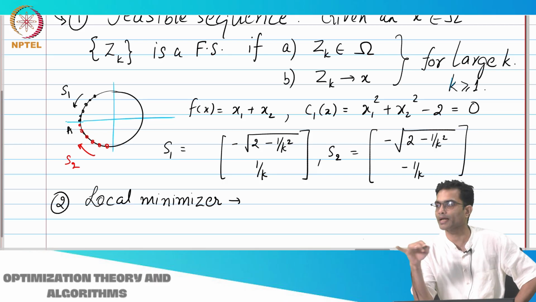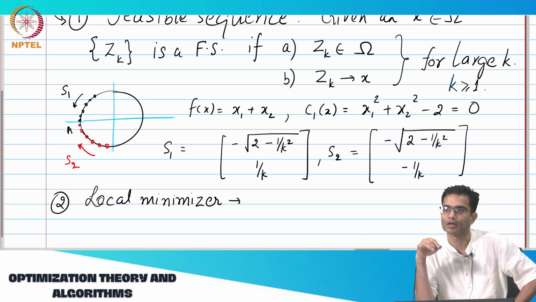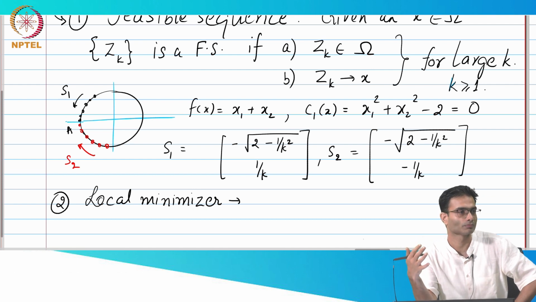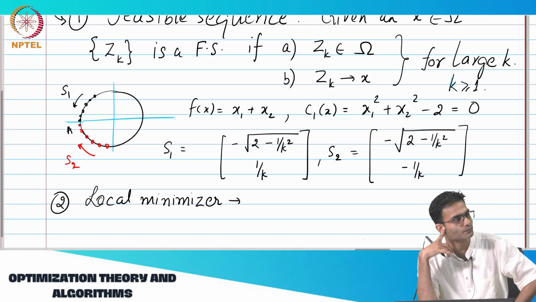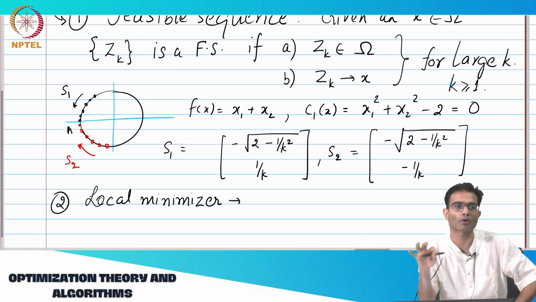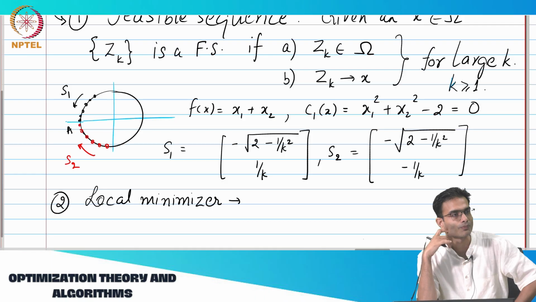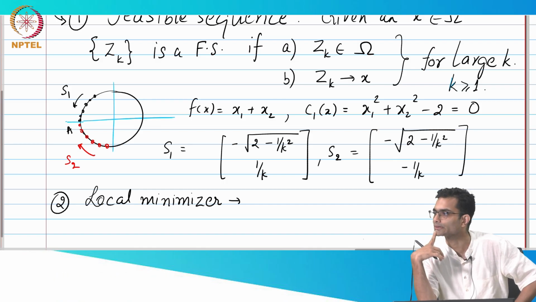Now, if I ask you to come up with a definition of a minimizer to your problem, can you think of a clever way? What would distinguish the minimizer from all other points in the feasible set? You don't have any calculus to work with, you only have feasible sequences which you can construct at will.